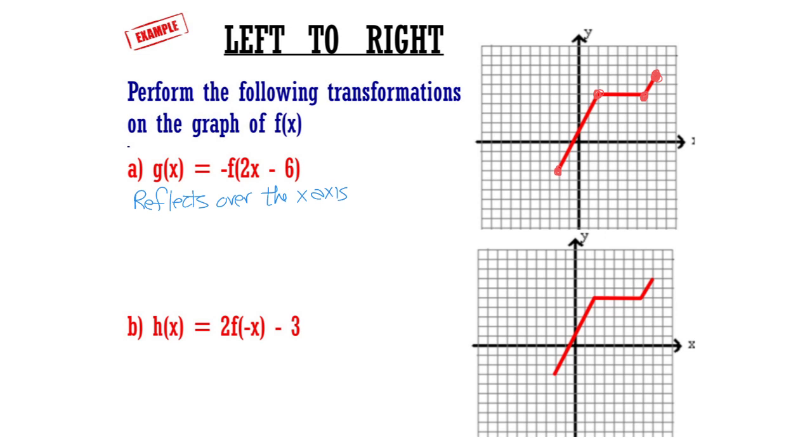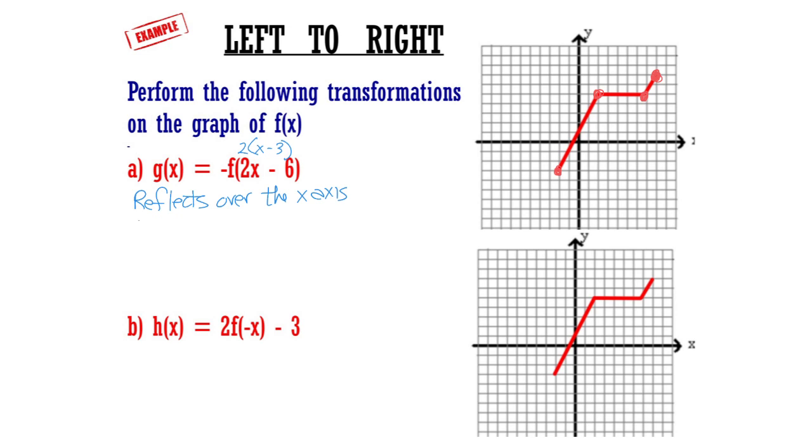Now, this 2, because I have multiple things going on inside here, I do need to factor that 2 out. So it's really going to be like this. And one more time, just to clarify, this 2 is actually sneaking in right here. It is not coming out in front of the f. It's still a horizontal thing happening right there.